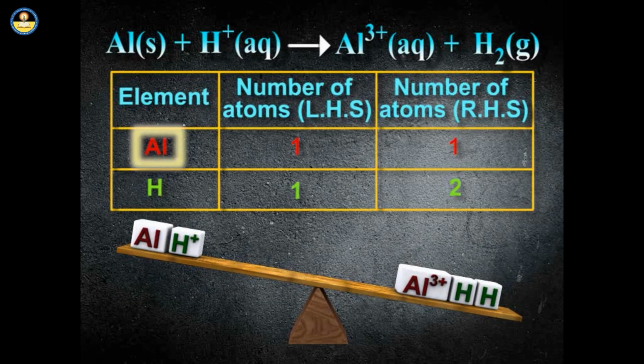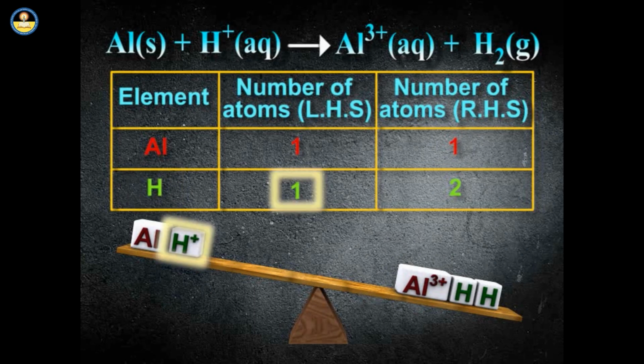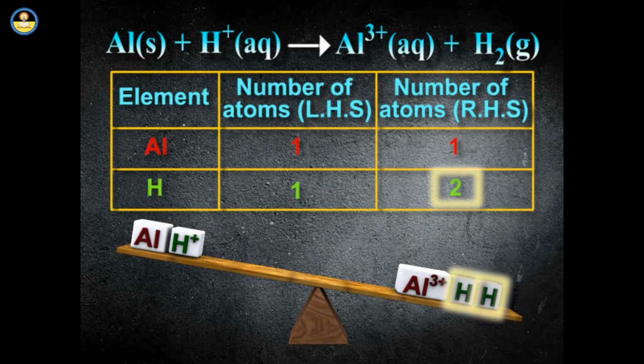That is, element aluminium, the number of atoms on the left-hand side is 1 and the number of atoms on the right-hand side is also 1. Element hydrogen, the number of atoms on the left-hand side is 1 and on the right-hand side is 2.